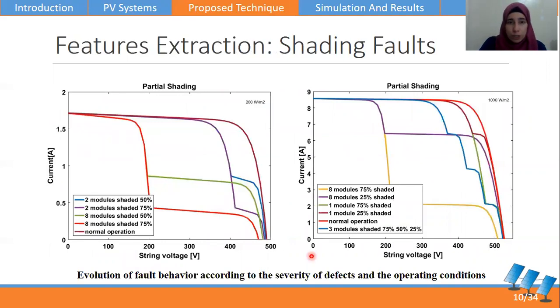Under different fault conditions, we have made the following observations. Here we have taken two irradiation operating conditions, low irradiation of 200 watts per square meter and high irradiation of 1000 watts per square meter. In the case of shading fault, there is always the presence of an inflection point. The I_sc is unchanged, and as the number of shaded cells increases, the V_oc decreases.